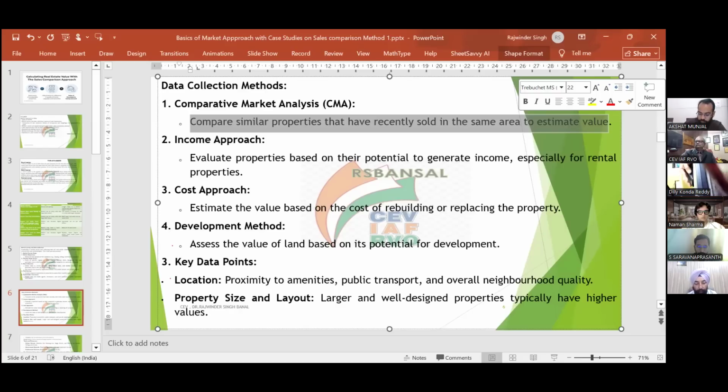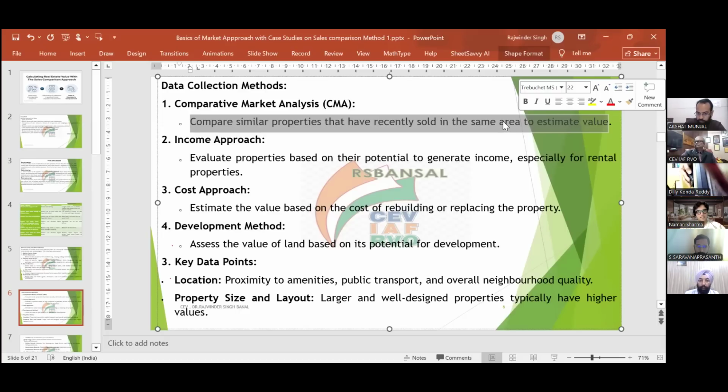Especially if you are applying the income approach, if you are doing valuation of a property which is income generating, income fetching property, then you have to collect the data about the rental income, rental rates in that area.